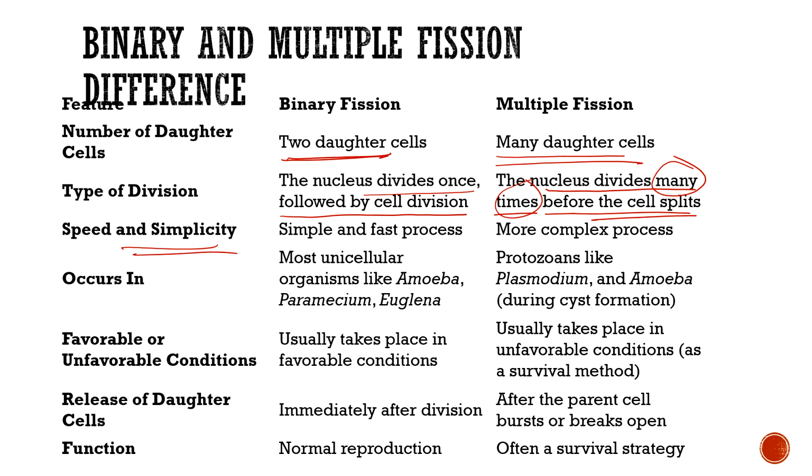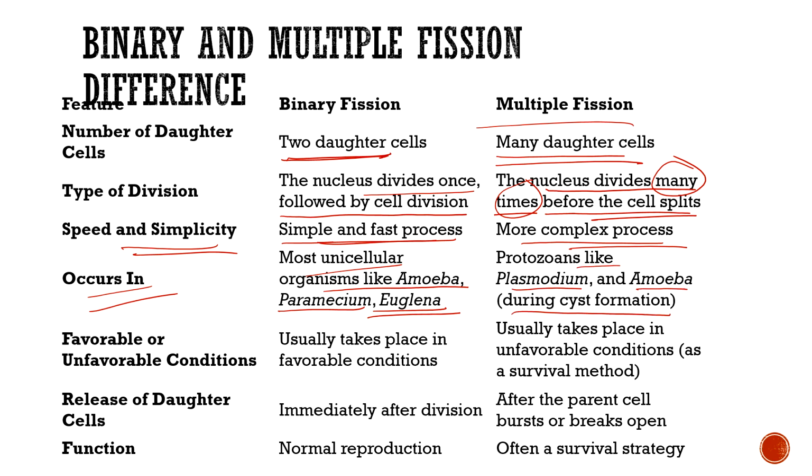Speed and simplicity: binary fission is a simple and fast process. Multiple fission is a more complex process. It occurs in most unicellular organisms like amoeba, paramecium and euglena, and protozoans like plasmodium, and in amoeba during cyst formation.